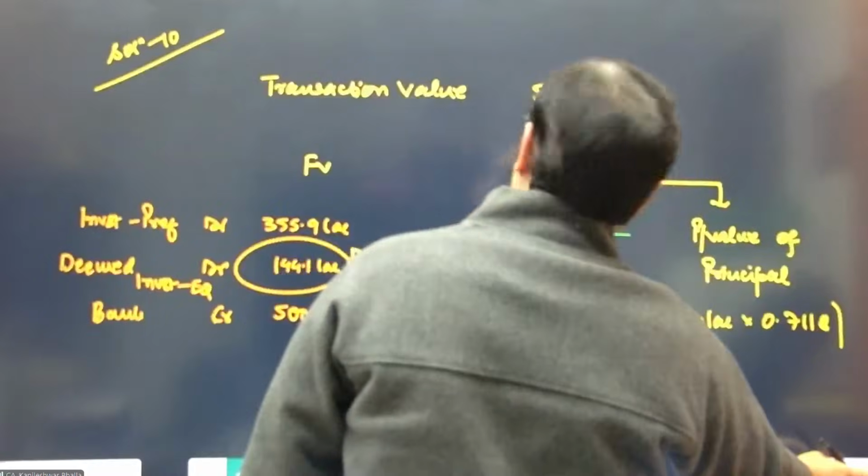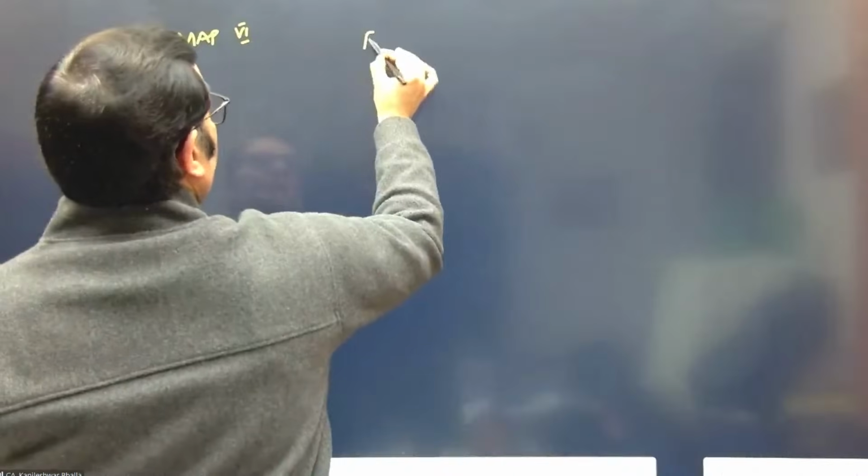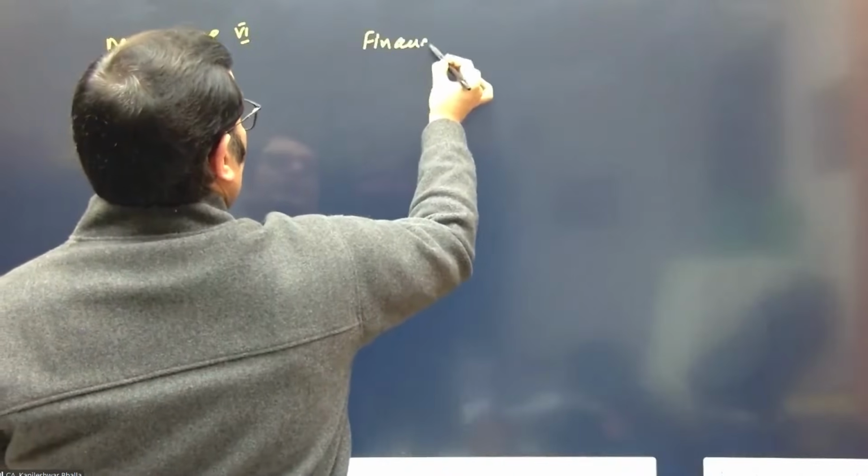Now let's create a small mind map on the financial liabilities, though we have done the accounting already. Let's create mind map number 6. It is 6, right? Yes. So mind map number 6 is on the financial liabilities.